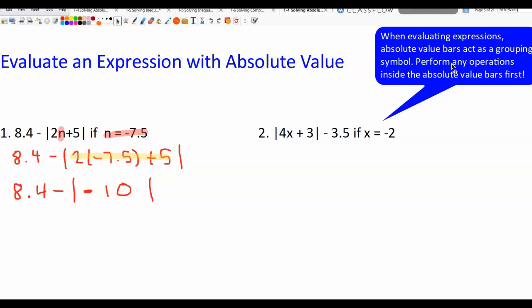That minus a minus does not become a positive. This becomes 8.4 minus the absolute value of negative 10, which is 10. So 8.4 minus 10 is negative 1.6.